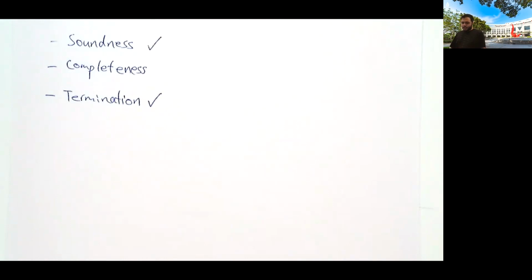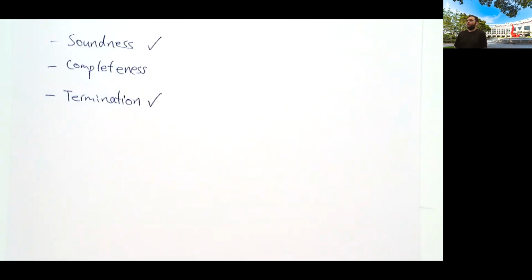So what does it mean that we don't have completeness? What it means is that sometimes our algorithm would fail and would say, okay, I couldn't find any ranking function. For example, we create our linear programming instance, we give it to an LP solver, and the LP solver says, okay, this instance has no answer. When that happens, we are not sure if the program actually terminates or not. Why?